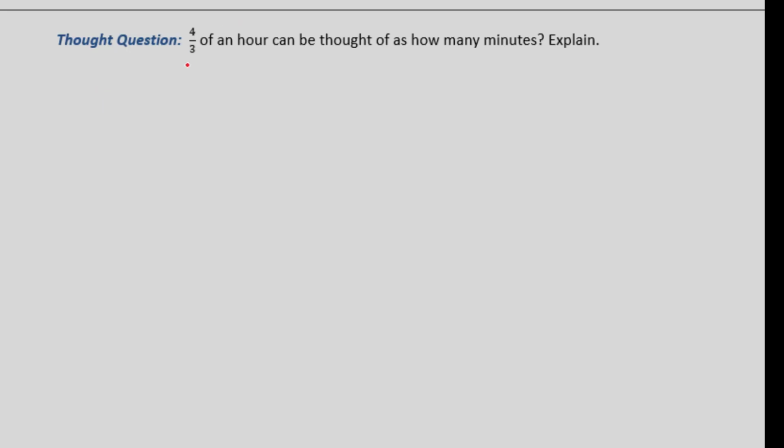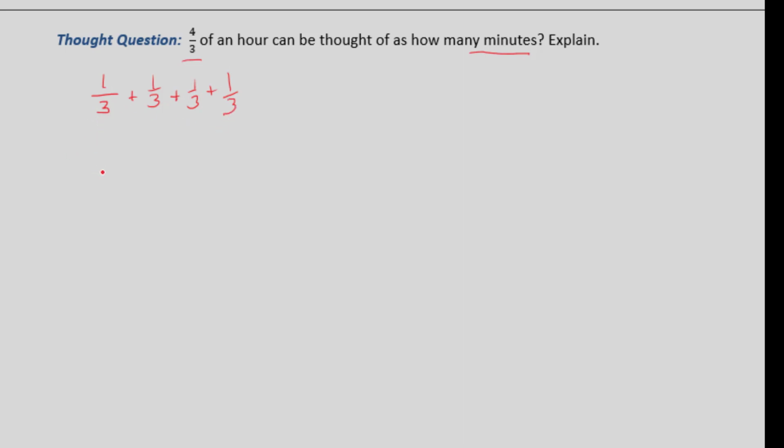Okay, so let's try this thought question. 4/3 of an hour can be thought of as how many minutes? Well, this is the unit fraction 1/3, but 4 of them, right? There's 4 of those 1/3 right there.